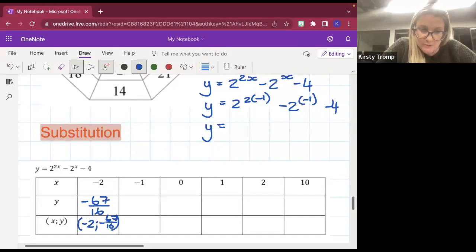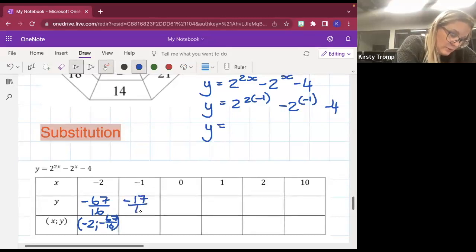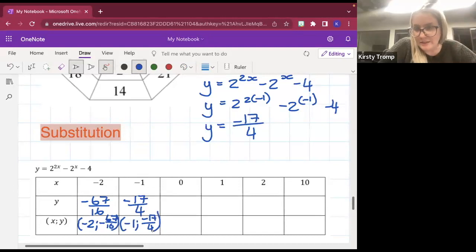I've got some really fast calculator fingers here tonight. So I get negative 17 over 4. And so my figures are going to be negative 1, negative 17 over 4. Good, well done. Okay, so we're really putting our calculator skills to the test here tonight.